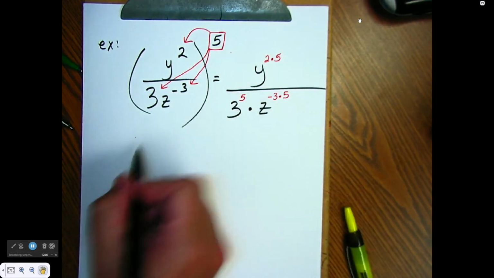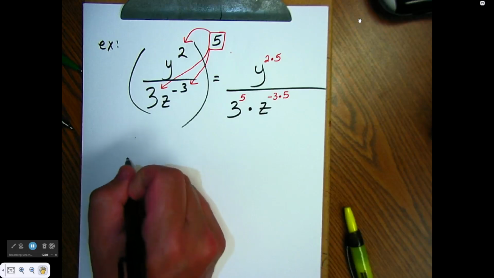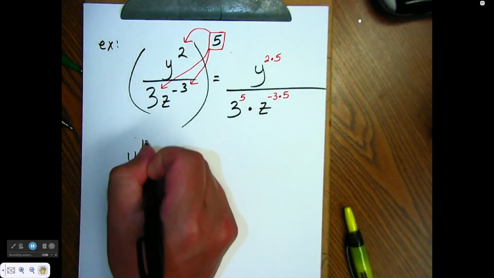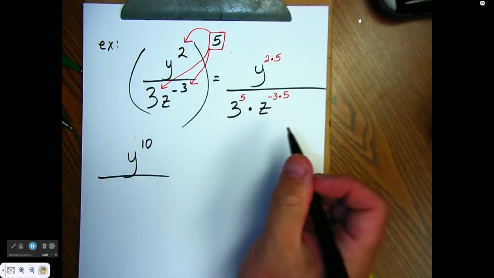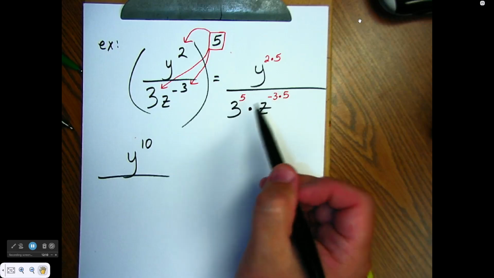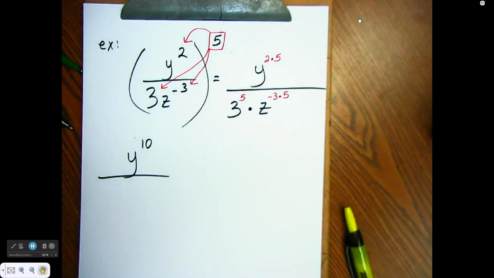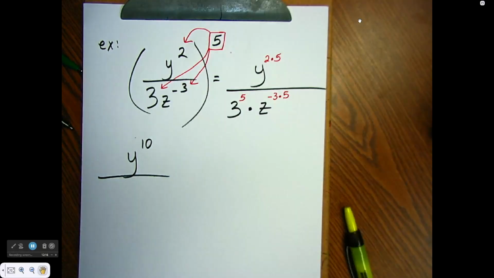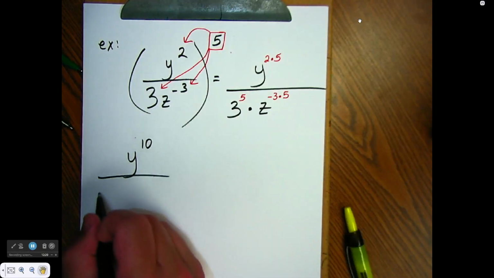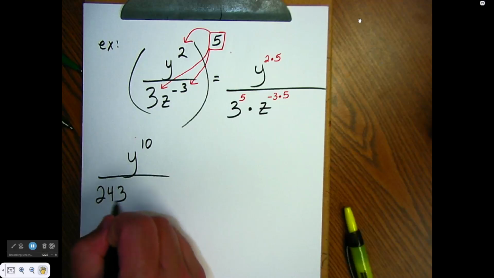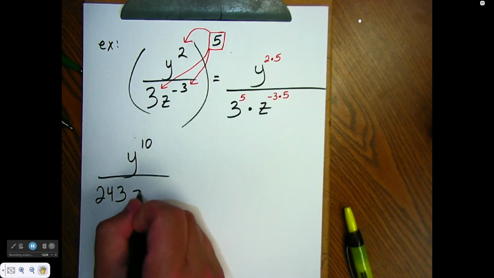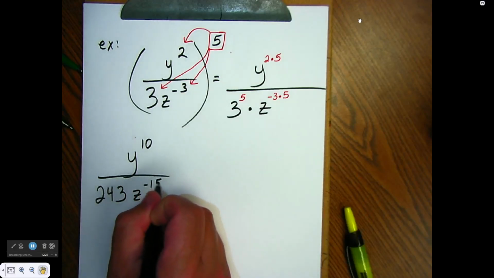This will now give me on top in the numerator y to the 10th, on bottom 3 to the 5th. What is 3 to the 5th power? 243. Z to the negative 15.